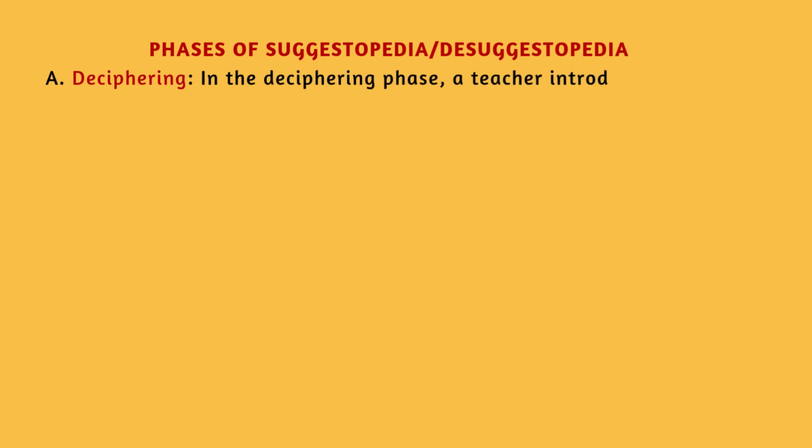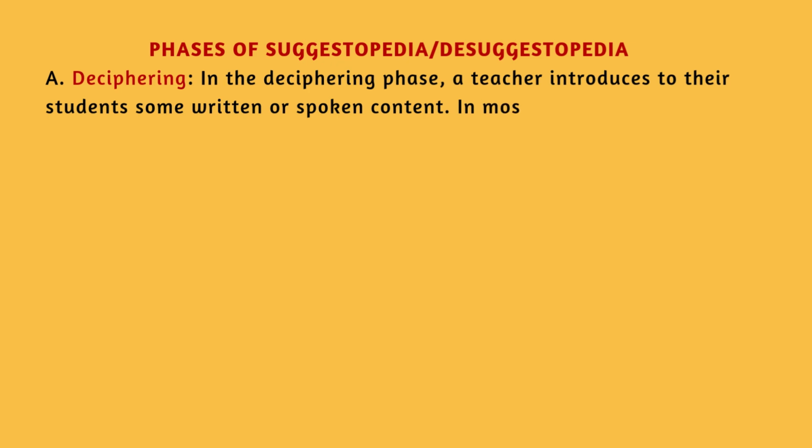The first phase is known as deciphering. Deciphering is actually synonymous with the introduction of the lesson. In the deciphering stage, a teacher introduces to her students or his students some written or spoken content, such as a reading material.